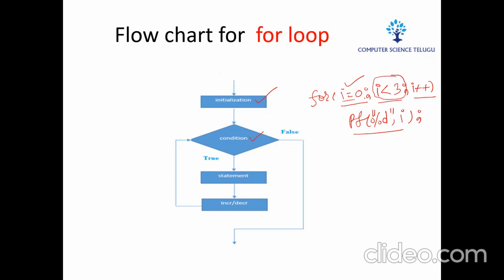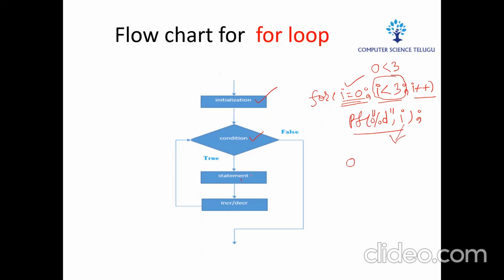The initial value of i is 0. 0 is less than 3, so the condition is true. When the condition is true, it will print the statement, that is the i value. It will print 0 the first time.